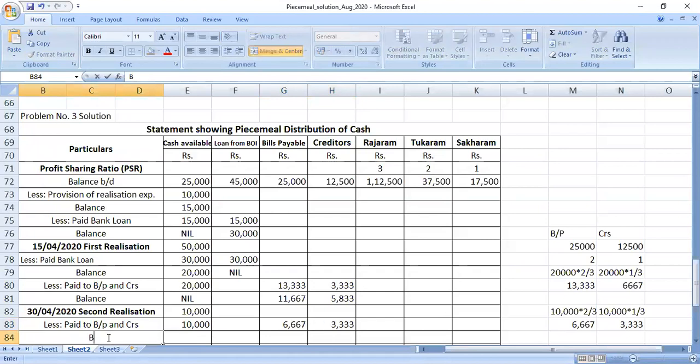Now balance. Balance cash available is nil. What about the balance of the bills payable? Bills payable balance remaining is 5,000 and creditors balance remaining is 2,500.